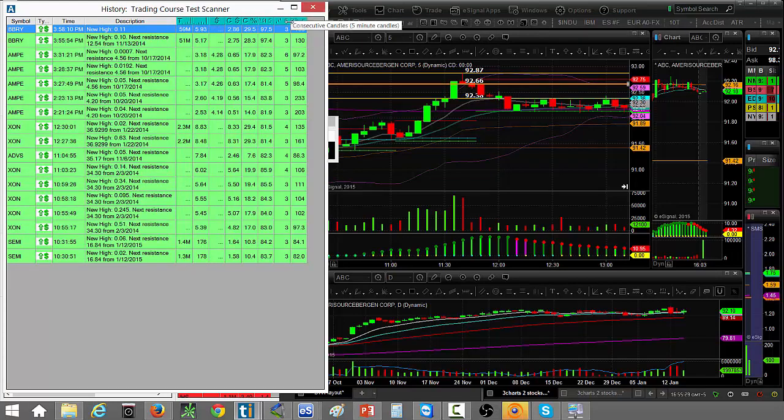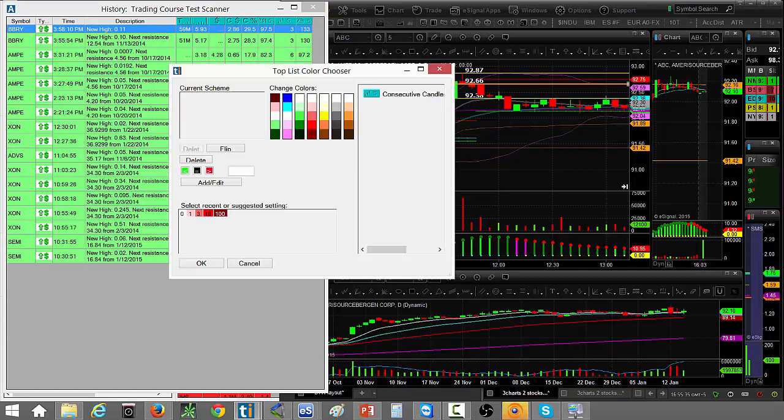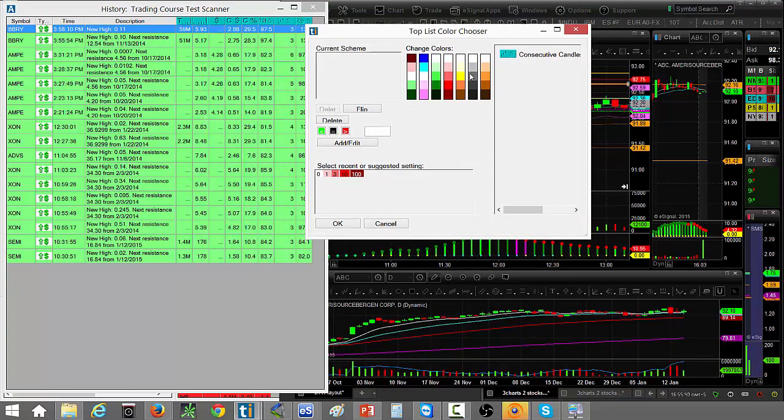Now for consecutive 5-minute candles, let's go custom colors for consecutive 5-minute candles. I'm going to use these brighter colors for the consecutive 5-minute candles, but it's not a 0 to 100 scale, right?